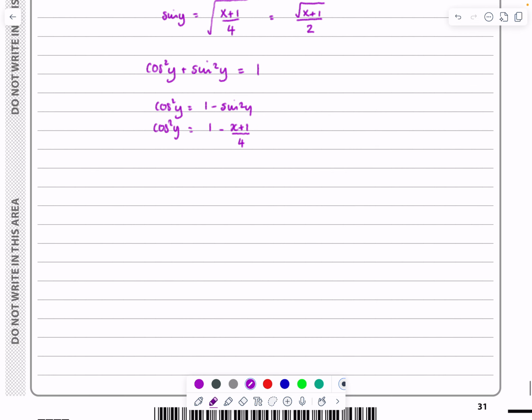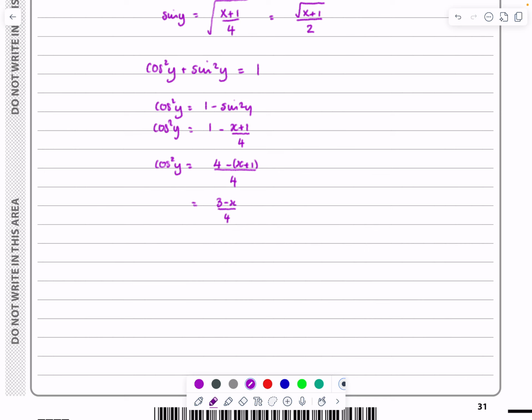Now let's tidy that up as a fraction first of all. Cos squared y, the way to do that is to call it that fraction, then do that times that times that, and the bottom 2 times together. I'll let you work that out for yourself, but it works out to be 4 minus x plus 1 all over 4, which is going to be, what's that, 3 minus x all over 4.